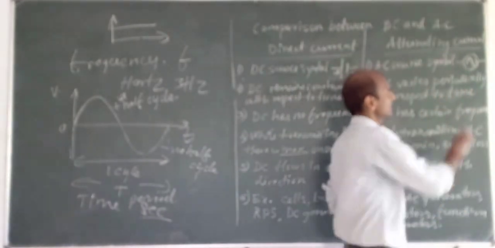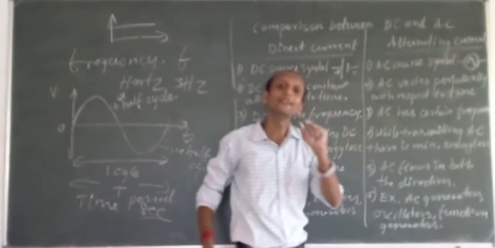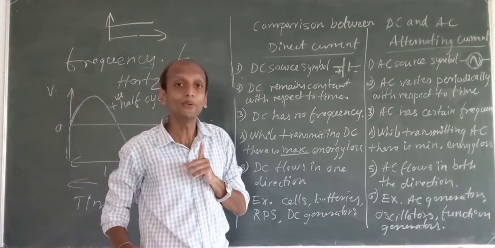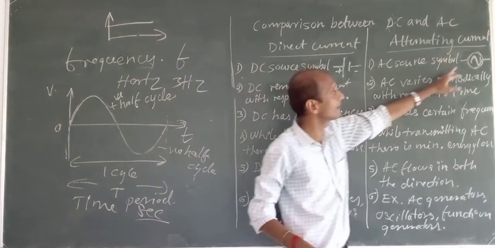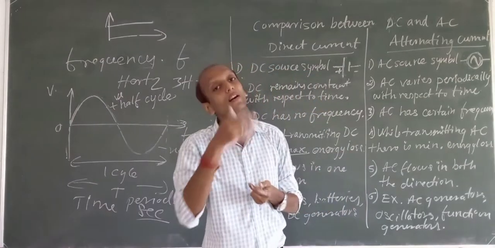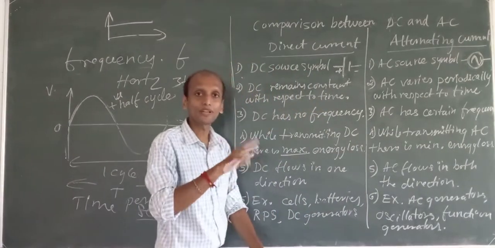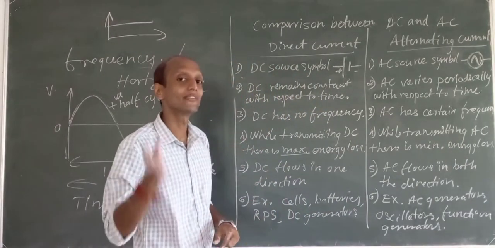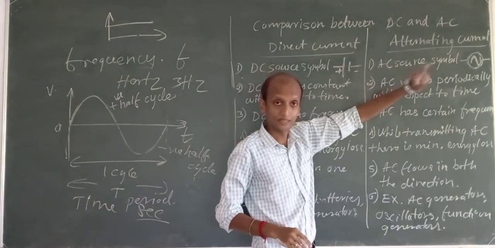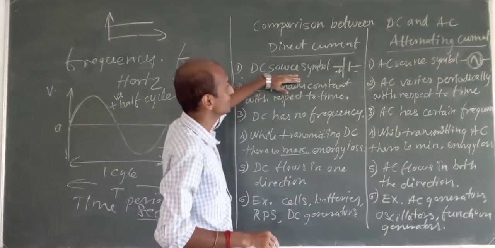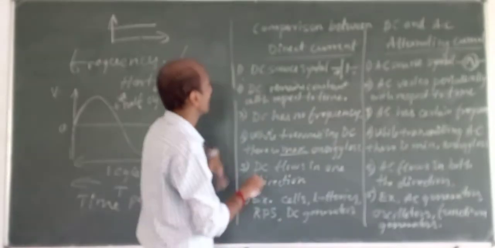Here we are not mentioning any positive and negative polarities. Why? Because alternating current continuously changes its direction. So polarity will be changed for each and every half cycle. So this is how we will go for AC source symbol representation. This is your DC source symbol representation.